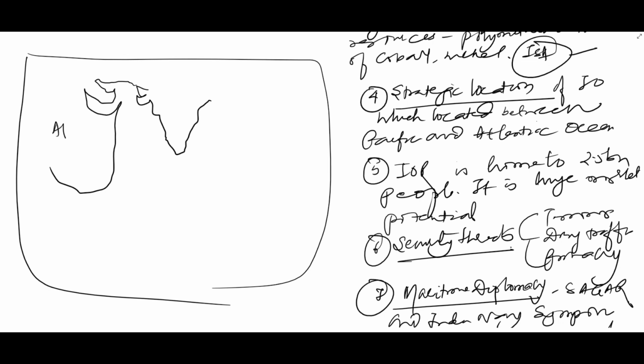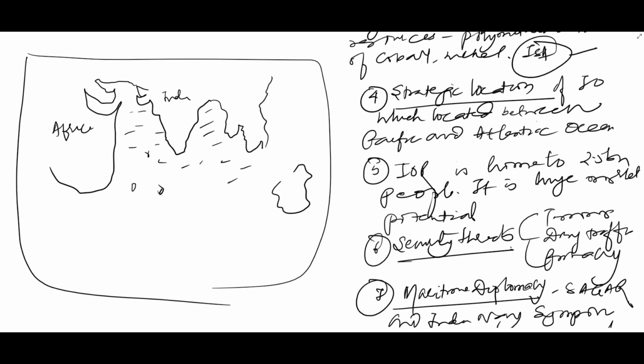This is Africa, this is India, and here we have Australia, and there are small islands. This is the Indian Ocean region. This is Southeast Asia. This is China. This is Australia. This is the Indian Ocean region.